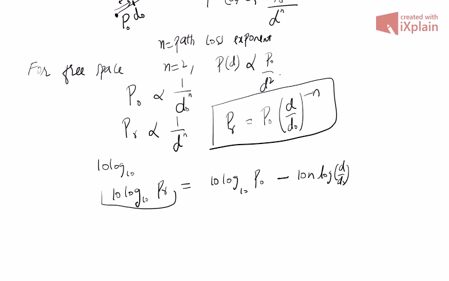So this is a dB power, so I will write here PR in dB is equal to P naught in dB minus 10n log D over D naught.